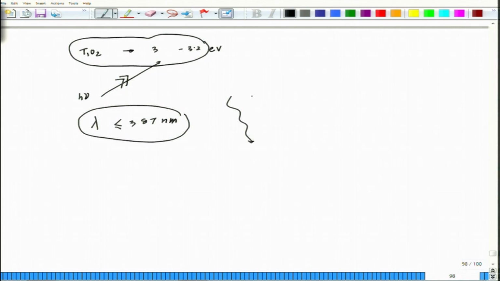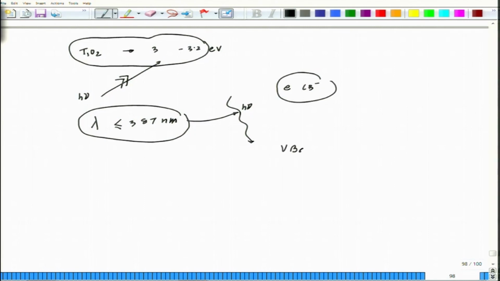So, you have the semiconductor material which is getting the wavelength. To repeat, in the case of anatase TiO2, the band gap is 3.2, therefore, you need a UV wavelength of 387 nanometer. The absorption of a photon excites an electron to the conduction band, which is ECB, a conduction band electron, now generating a positive hole in the valence band.